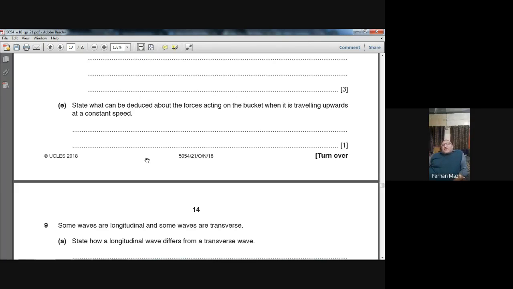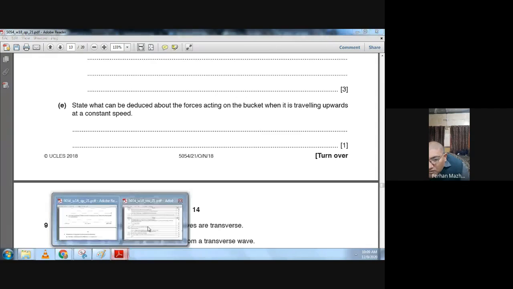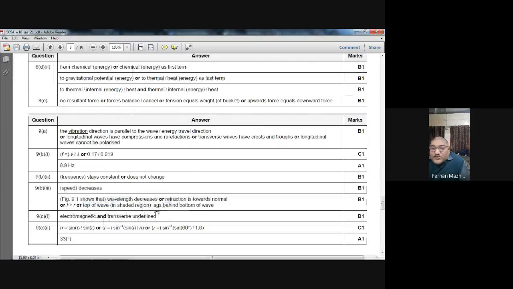So the tension in the rope and the downward weight are balanced with each other. It's a 1-mark question only. No resultant force, or forces are balanced, or tension equals weight of the bucket, or upward force equals downward force.